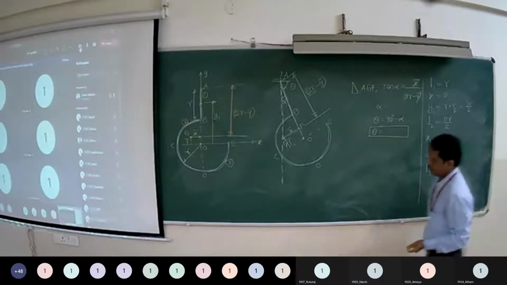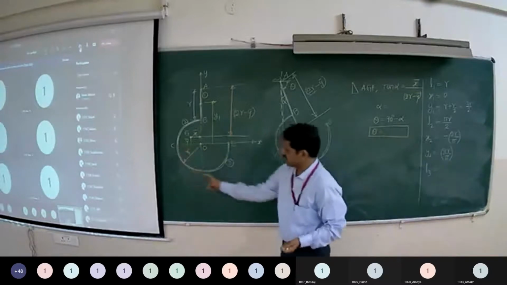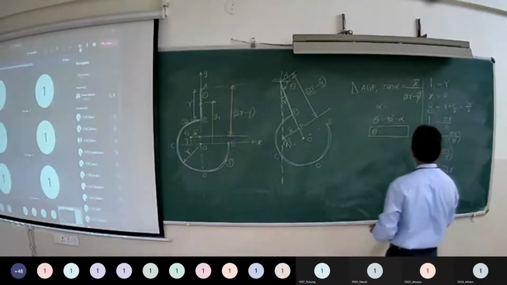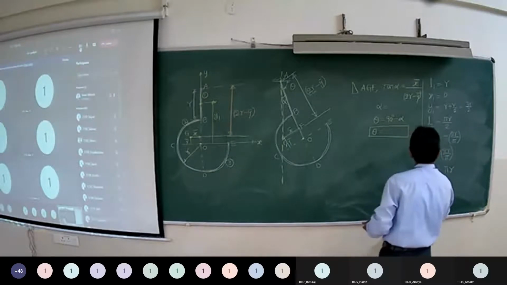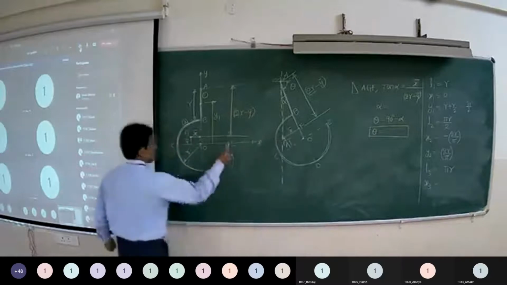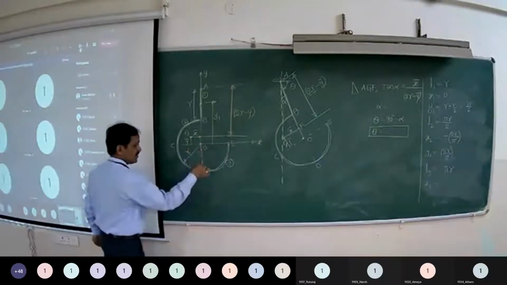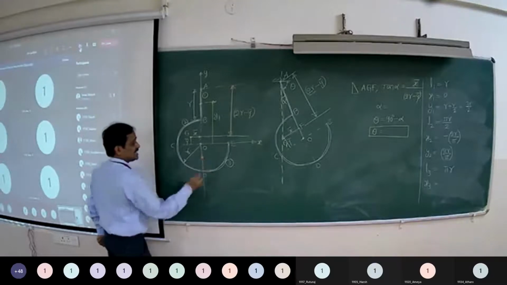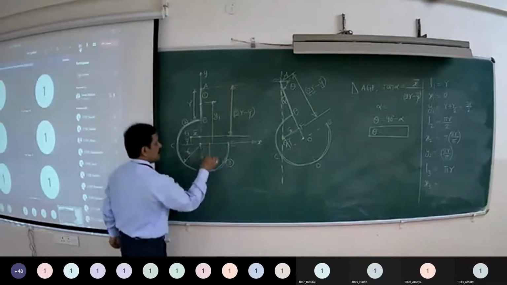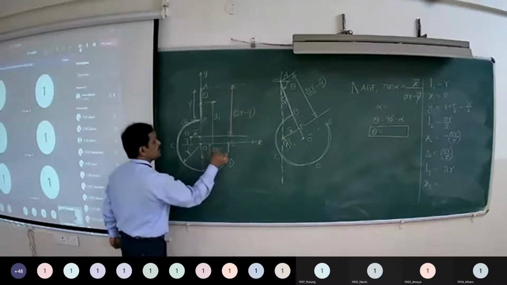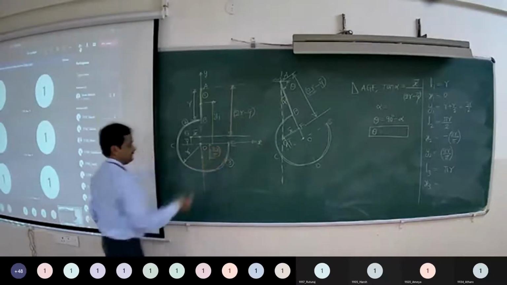L3, length of semicircular arc, is pi R. X3. This semicircular arc is symmetrical about vertical axis. Centroid will be located on the symmetrical axis. Its distance from base of the semicircle is given as 2R by pi.